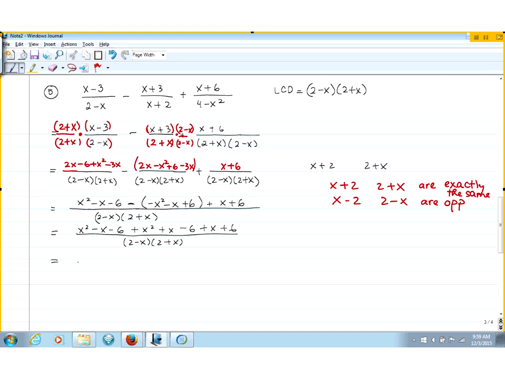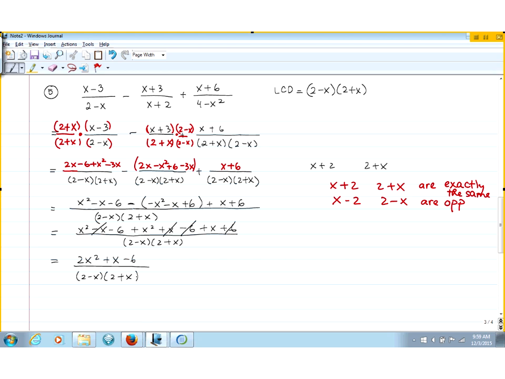Alright. So tell me what this is. X squared plus x squared is 2x squared. Oh, and this x cancels? This negative 6 and 6 cancel. 2x squared plus x. How about the number? Negative 6. Over 2 minus x, 2 plus x.